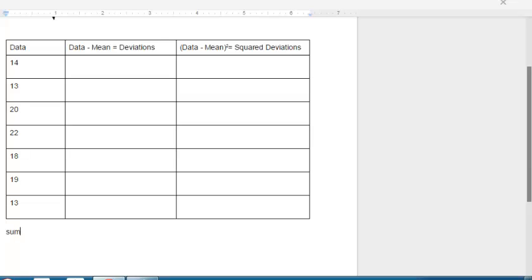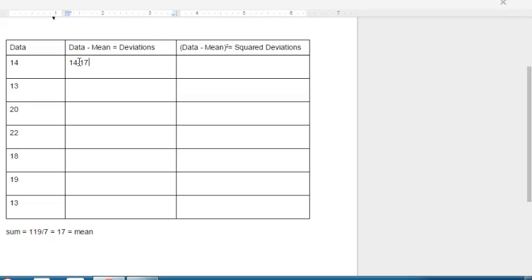So the sum of this is 119, and there are 1, 2, 3, 4, 5, 6, 7 numbers, so if I divide it by 7, that makes my average, or my mean, 17.